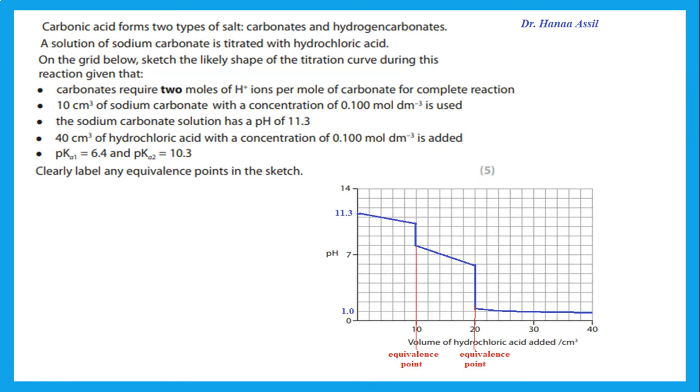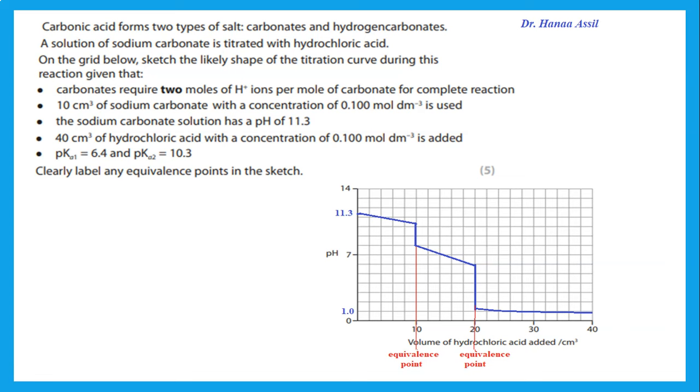How can we draw this? Let's take a look. First of all, we have carbonate in the flask, so a solution of sodium carbonate, and it states in there that the sodium carbonate has a pH of 11.3, so I have to start from 11.3.